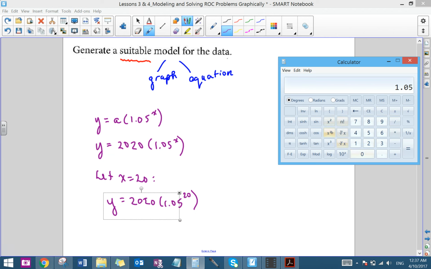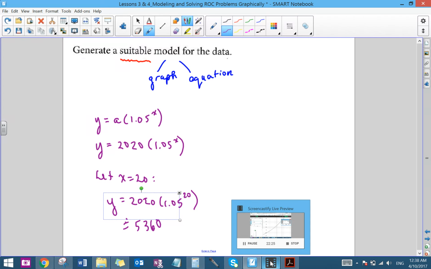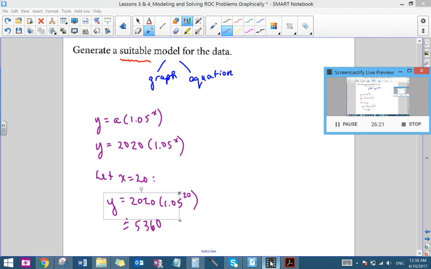So to the power of 20, that evaluates the power, and multiply by 2020, and there you have it, 5,360 roughly. Okay, and that's it, and that is a way to successfully manage these types of questions.